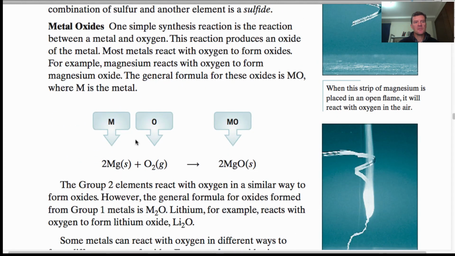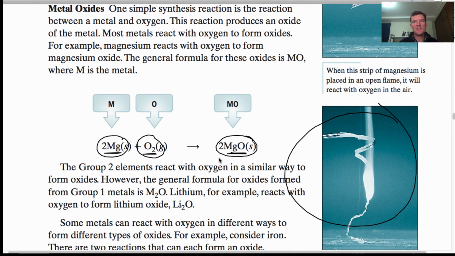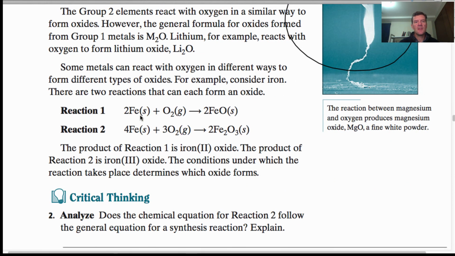Here's some examples. If you burn magnesium in the presence of oxygen, like is happening right here, then you would create magnesium oxide. This is synthesis. Synthesizing means combining. So magnesium and oxygen are combining to give you magnesium oxide. Okay? Here's some others.